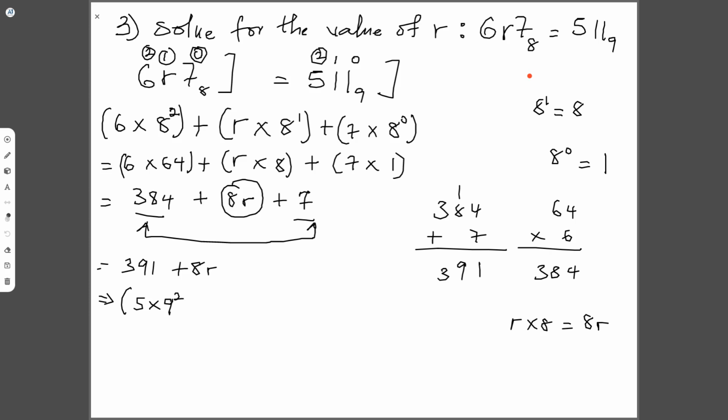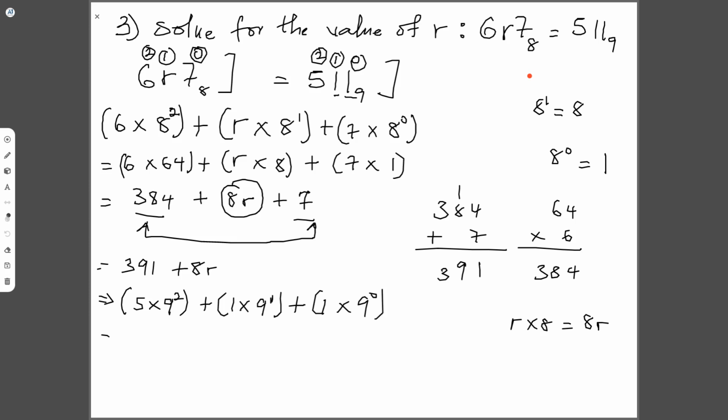That is 9 raised to power 2, close the bracket, plus the next number is 1 multiplied by the base, which is 9, and the power is 1. So we have 9 raised to power 1, close the brackets, plus, open the brackets. The next number is 1 multiplied by 9, raised to the power of 0.